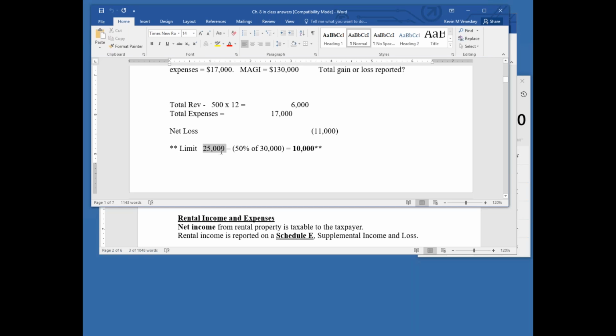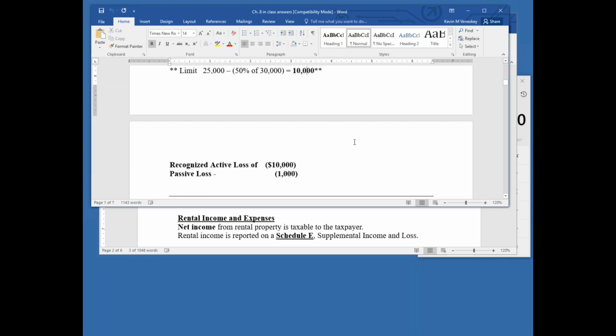So again, you take your main allowable amount as a deduction. You're allowed to take up to 25,000, but then we had the phase out that said, okay, 30,000 is how much I'm over the cap. 50% of that I have to take off of my 25,000 starting point. So I'm only allowed 10,000.